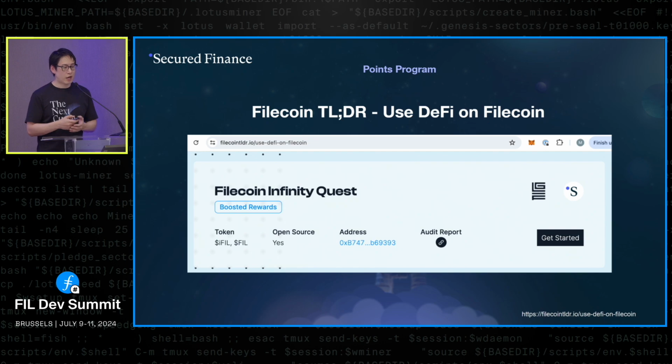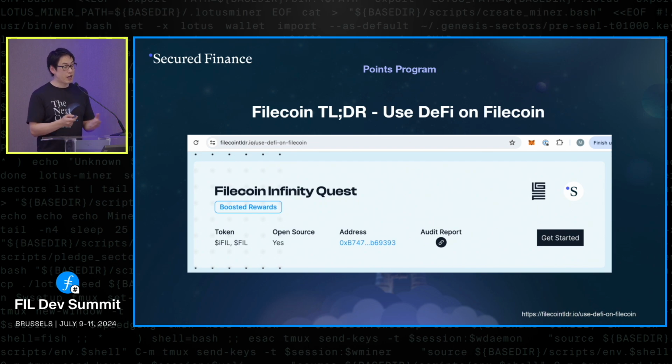So how you find it is you go to Filecoin TLDR and use DeFi on Filecoin, and you just find the getting started. You can check out our audit report by QuantStamp, and also the addresses. Now we are taking Filecoin and iFIL as collateral.